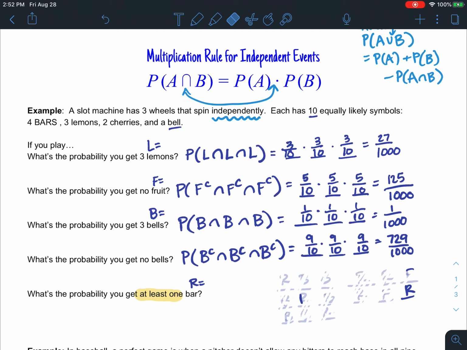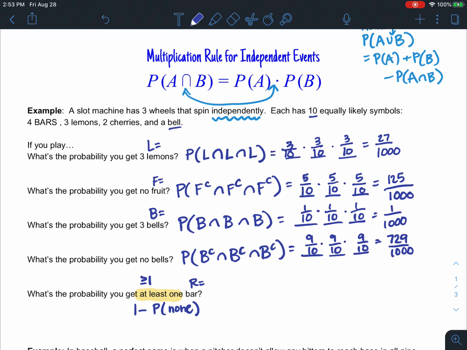So a hint for doing at least 1 in probability is to think about it not as at least 1, but as 1 minus the probability that none are the bars. Okay, use the complement of at least 1. The opposite of greater than or equal to 1 is 0.